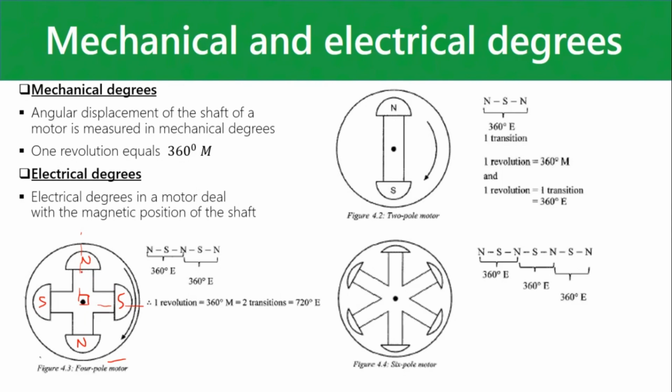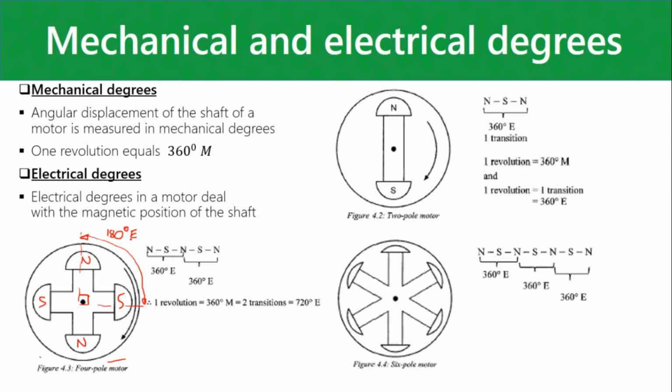Hey, that's pretty clear. But at the same time, electrically, between a north and a south pole, it is always 180 degrees electrically. North and south, 180 degrees. So that is 90 degrees mechanical and 180 degrees electrical.